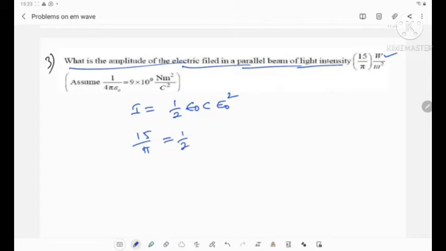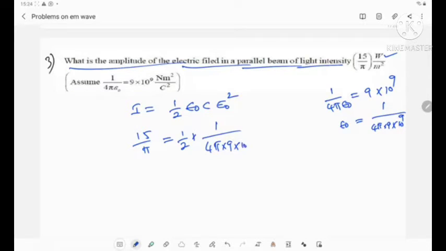So here 1 by 4 pi epsilon naught is equal to 9 into 10 to the power of 9. Therefore, epsilon naught is equal to 1 by 4 pi into 9 into 10 to the power of 9. Here C is 3 into 10 to the power of 8 into E naught square.